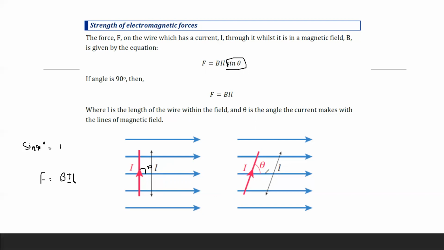But if it is making a certain angle, then we'll substitute the angle, or we'll take the component of the magnetic field which is perpendicular to the wire. As you can see, this is a magnetic field and it is making a certain angle with the length. So we always take the perpendicular component.